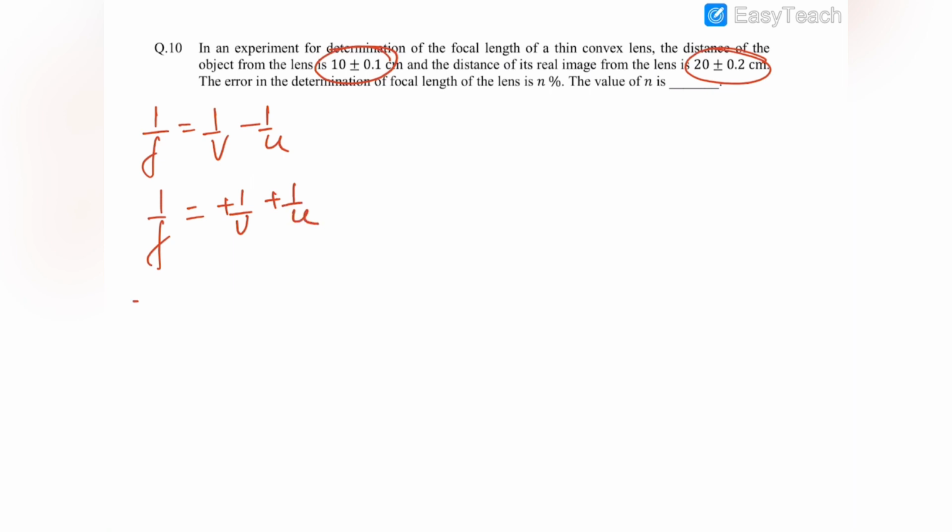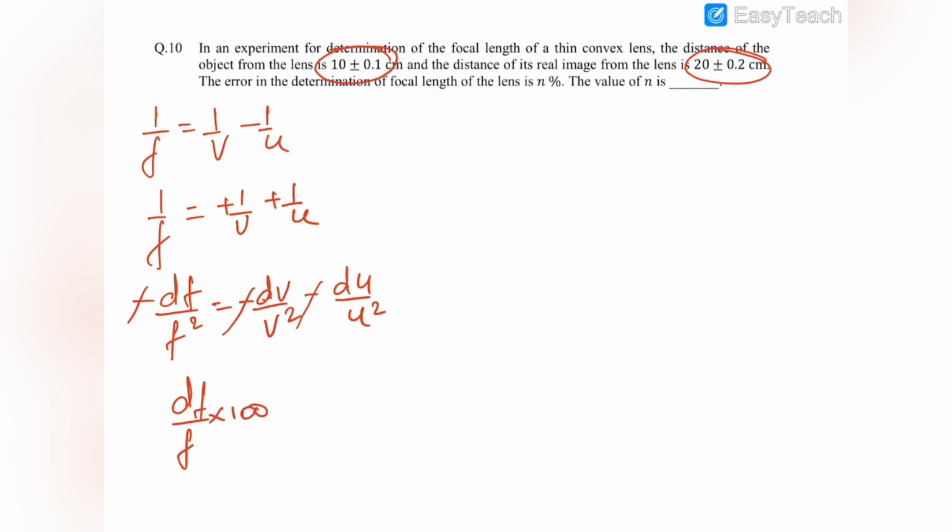And now if we differentiate, then we can see that df by f square will be equal to minus dv by v square minus du by u square, and so df by f into 100 would be equal to dv by v square plus du by u square into f into 100.